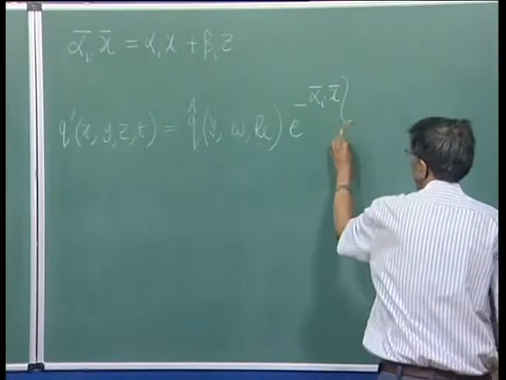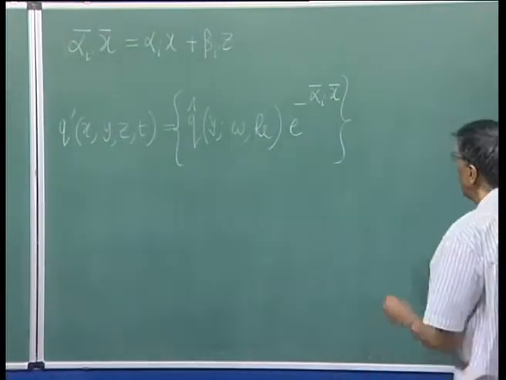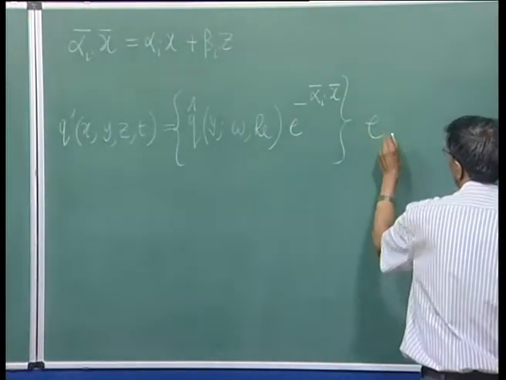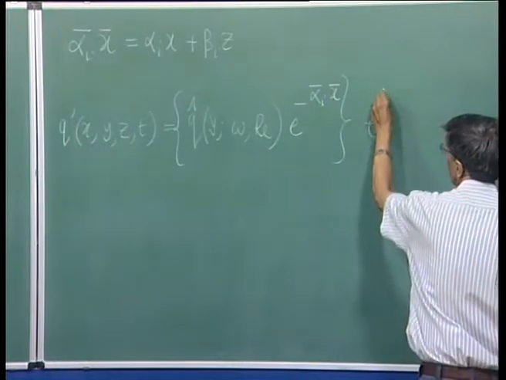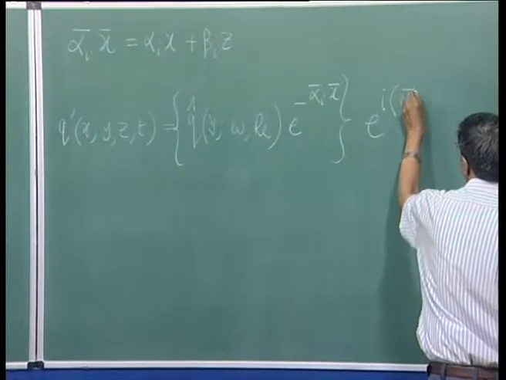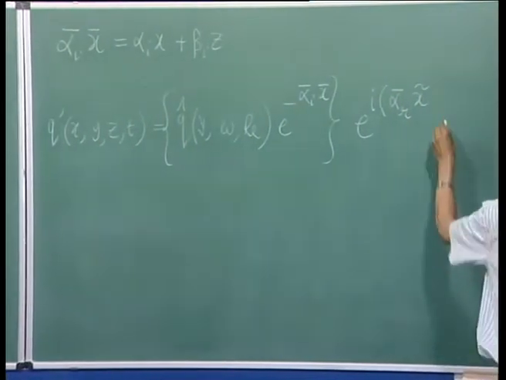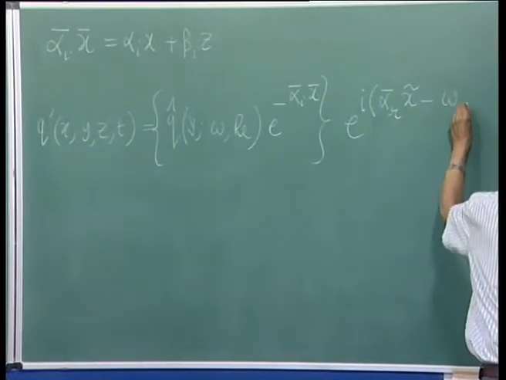Once again, put it aside in the brace, and the phase part is going to be this, which is nothing but alpha r bar x tilde minus omega t.